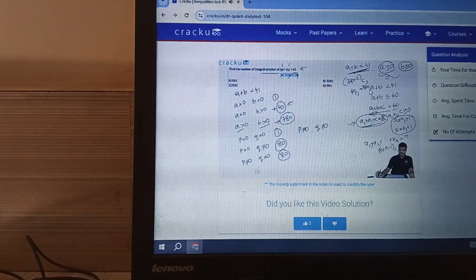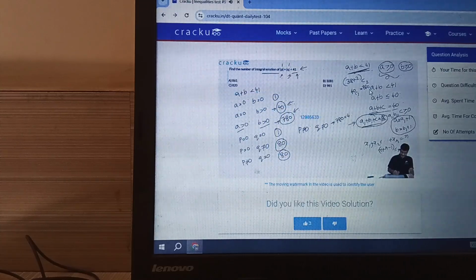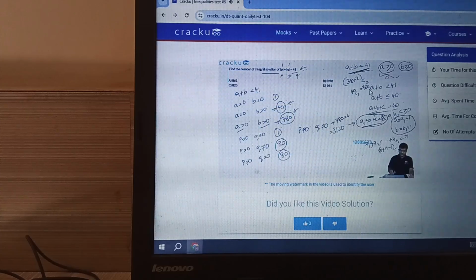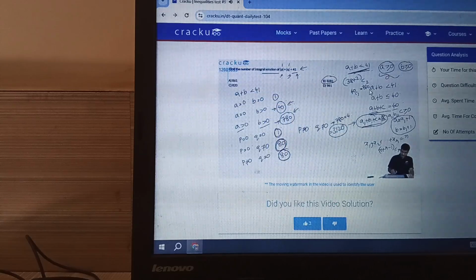In each of these four cases there will be 780 solutions. So the total is 1 plus 80 plus 80 plus 780 into 4, which is 3120. So 3120 plus 80 is 3200, plus 80 is 3280, plus 1 is 3281. So the required answer is 3281.